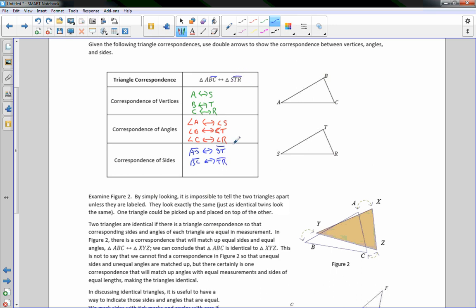And they have to be in that order. You don't want to say RT. It is TR. Same order as in the name of the triangles. And then finally, if I'm going to use the first and the third, that's AC. And that corresponds to the first and the third, which is side SR.